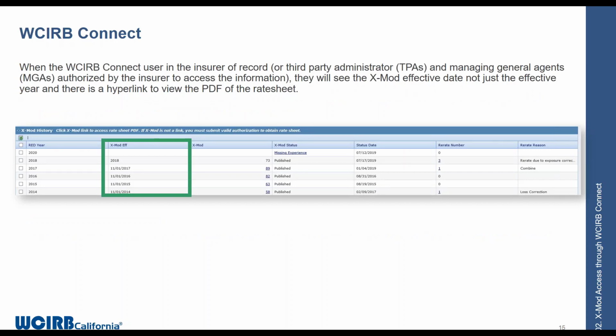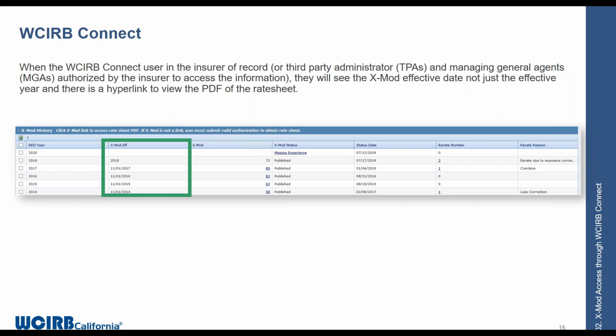In Connect, if you are the insurer of record, you will have access to the drill down PDF rate sheet, but you'll also know the actual effective date of the experience modification. So in this example here in the effective date field, you can see that for the 2018 rating, you only have the year 2018. That means that this particular insurer that is viewing this was not the insurer of record for that.